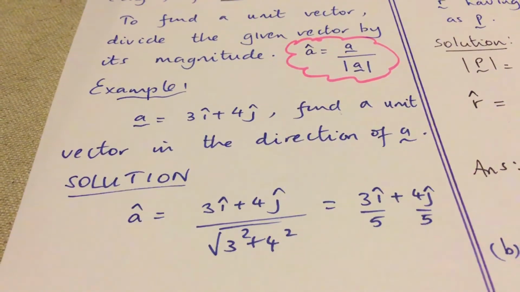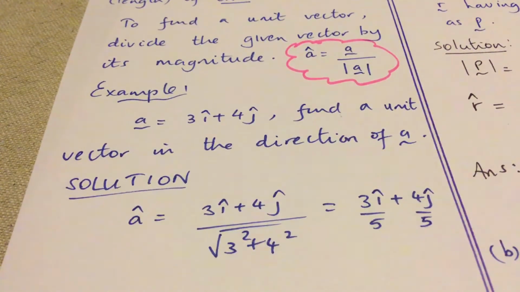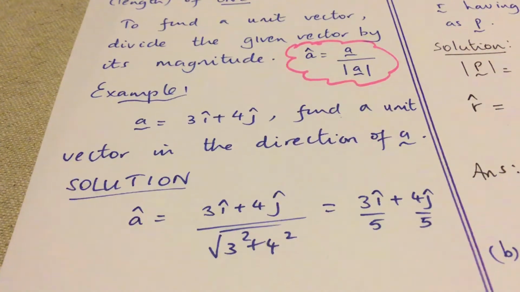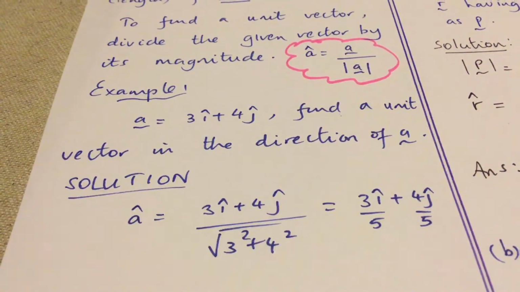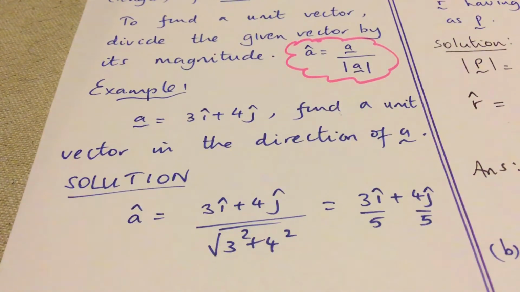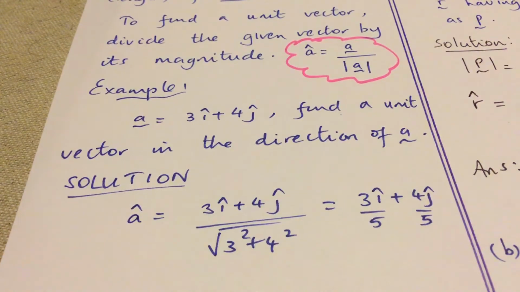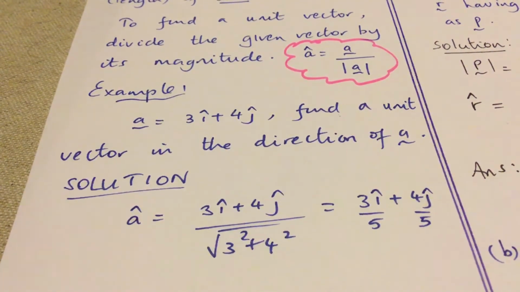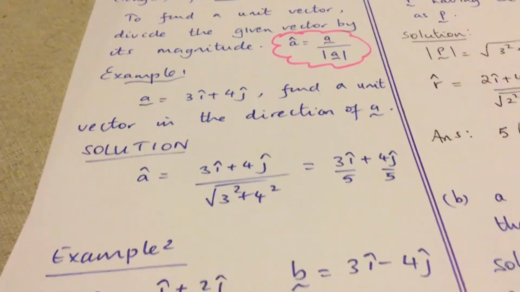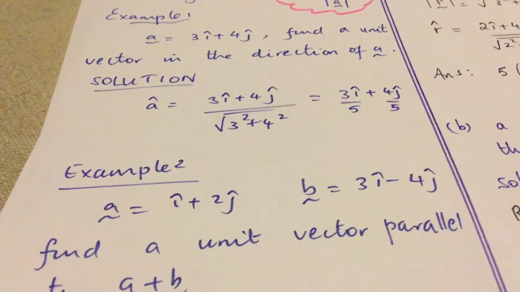We divide it by its magnitude, its length, which is the square root of 3 squared plus 4 squared, which is 9 plus 16, and that will give us the square root of 25, which is 5. Therefore the unit vector will be (3i plus 4j) over 5, which can split into two different components, i and j, separately.